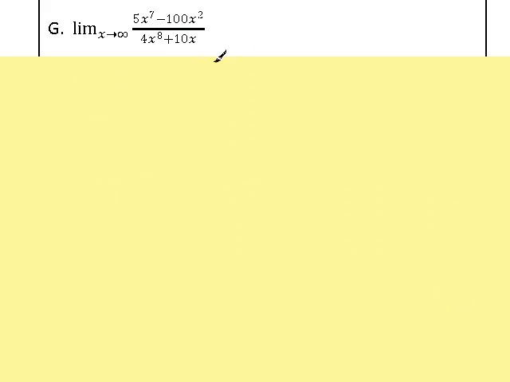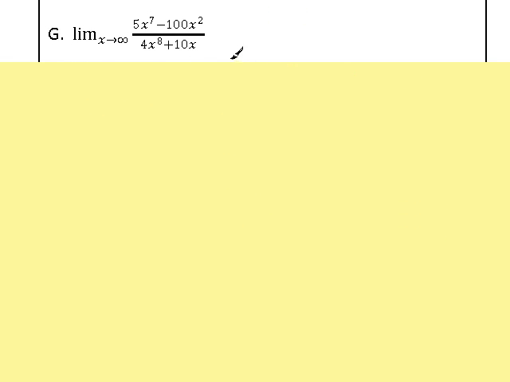Here we have another limit as x goes to infinity of a rational function. So we only need to look at the highest order terms, numerator and denominator. So this is equal to the limit as x goes to infinity of the highest order term in the numerator divided by the highest order term in the denominator.